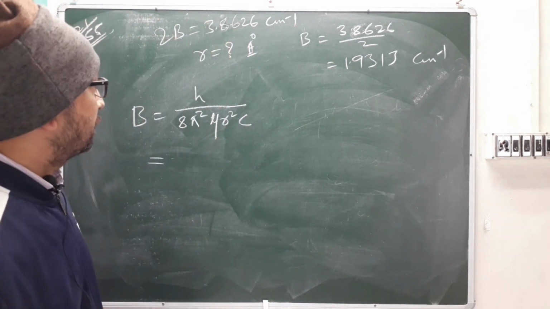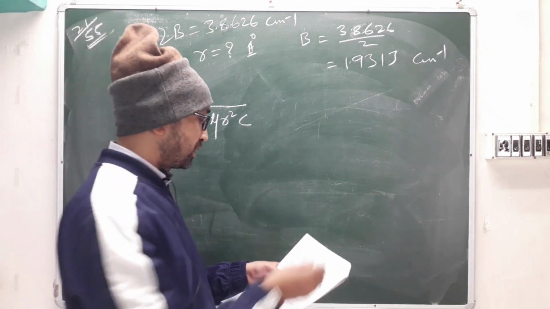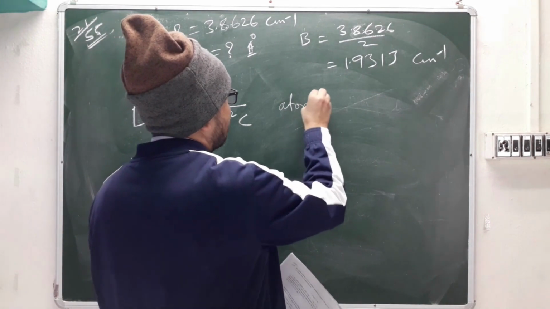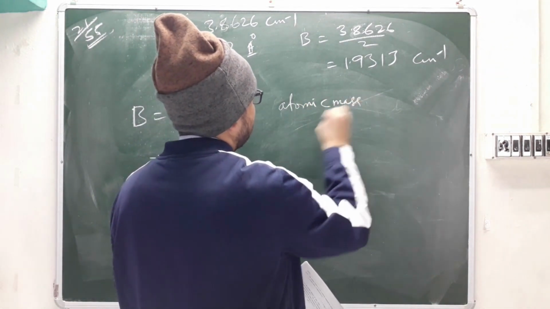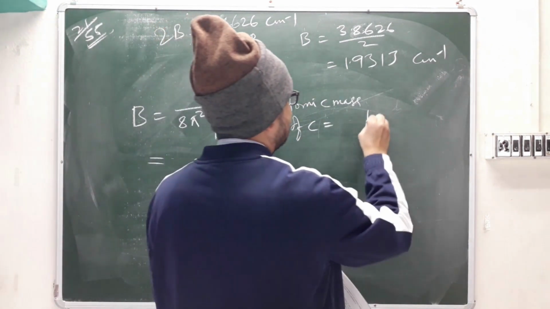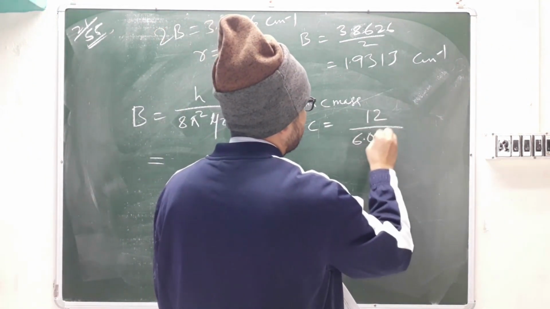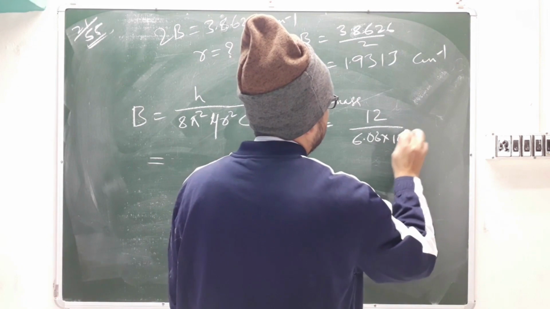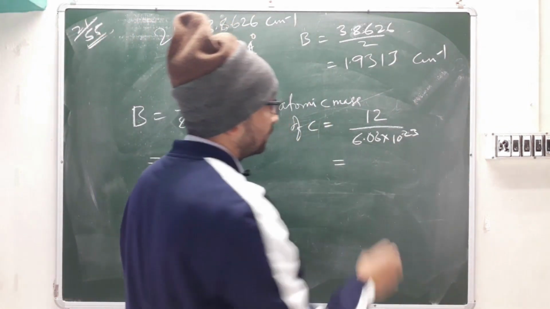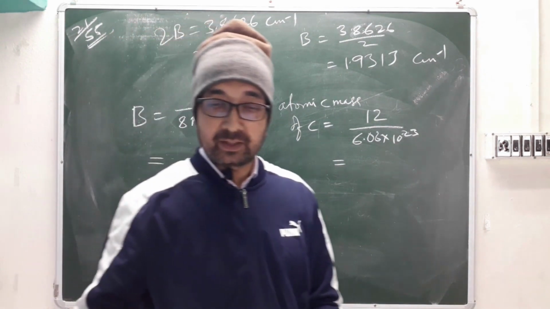So first what we will do is calculate the atomic mass here itself. The atomic mass of carbon is 12 gram per mole. So 12 divided by 6.06 into 10 to the power 23, correct? How much is it coming? I have already calculated it.